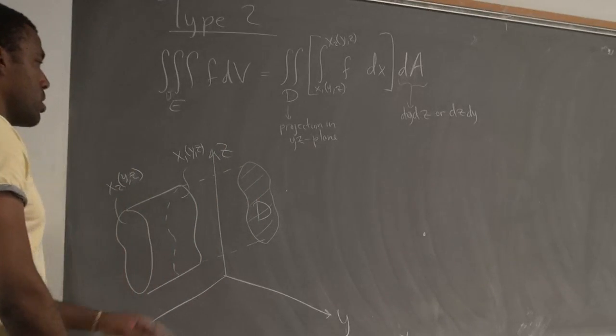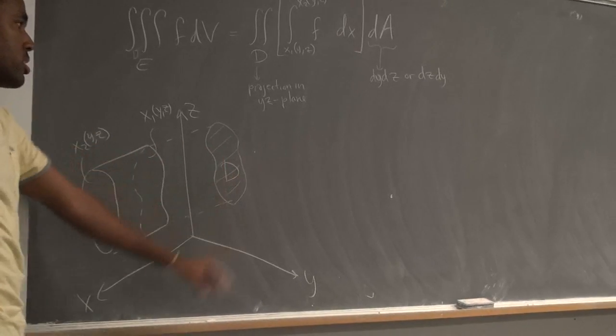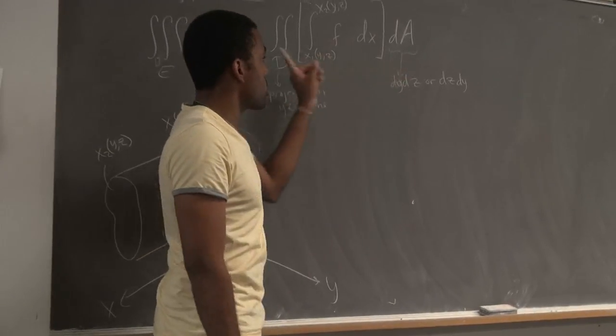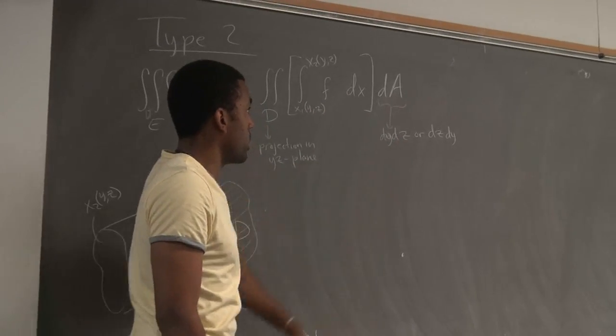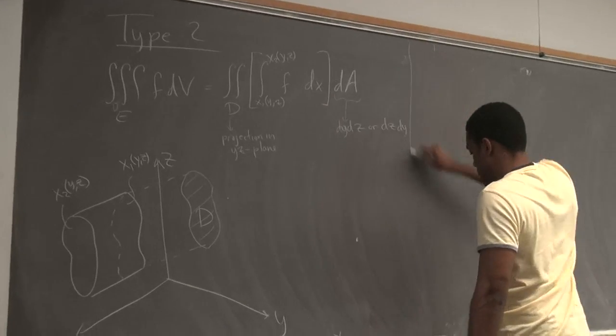If you're thinking of your solid as bounded between a left surface and a right surface and you're projecting into the YZ plane, that's a type 2. In which case your outer integrals describe what's going on in the YZ plane. Your inner integral describes the surfaces in terms of y and z.